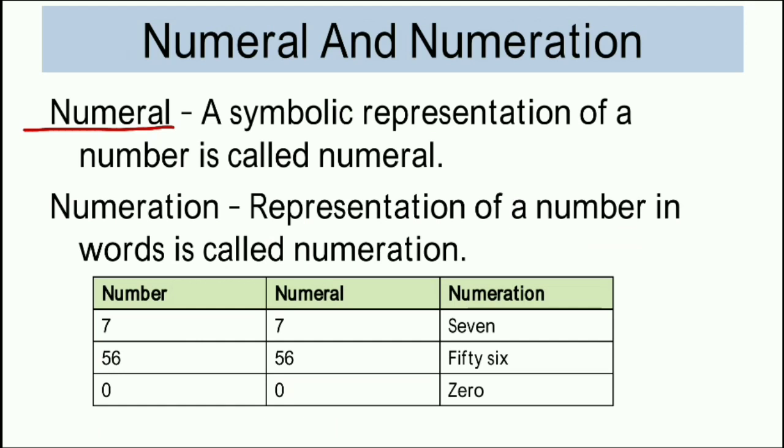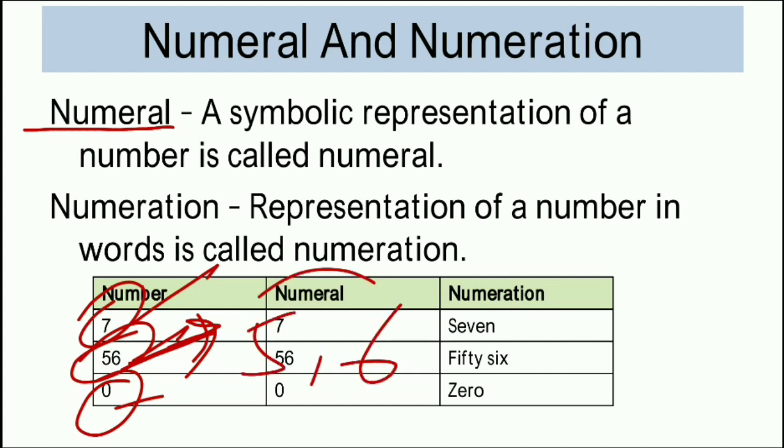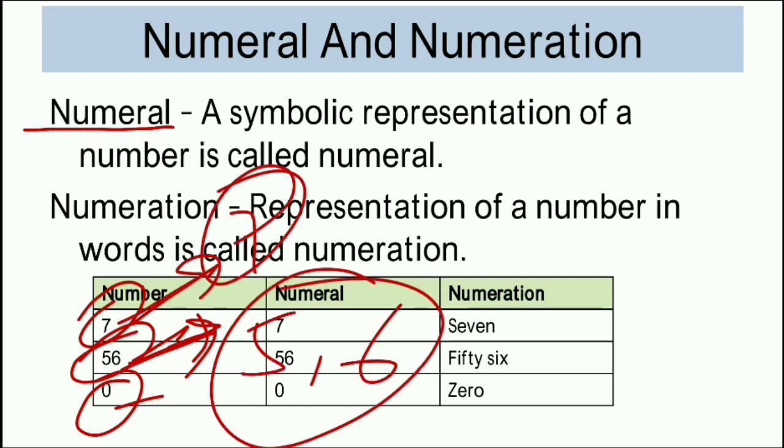In that, digits, symbols, numbers, etc. have been explained. A number can be represented in 2 forms: using symbols like 7, 56, 0. In 56, 2 symbols have been used, 5 and 6. In 7, 1 symbol is used, and in 0, 1 symbol is used.